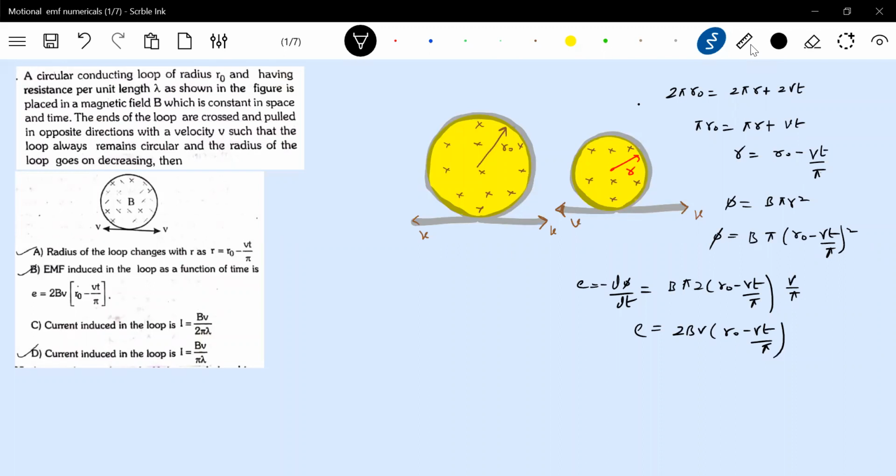Resistance per unit length is lambda, and it is asking for an expression for current. So what to do now? Expression for current will be I equals E by R. E is 2bv.